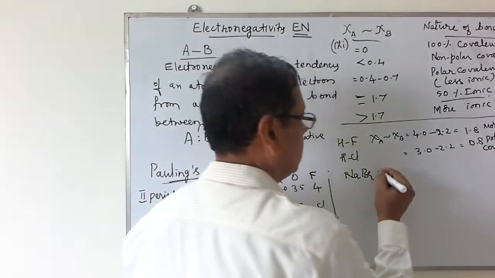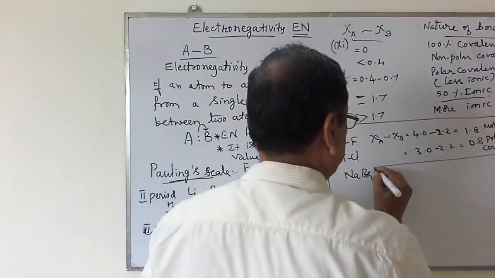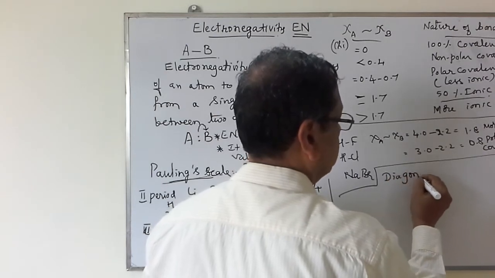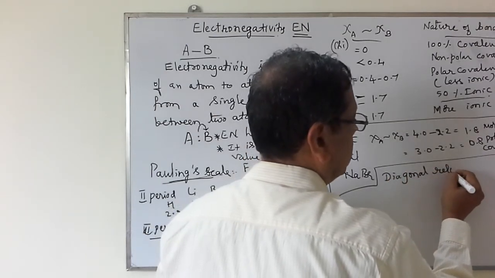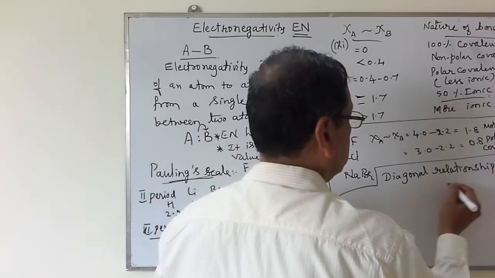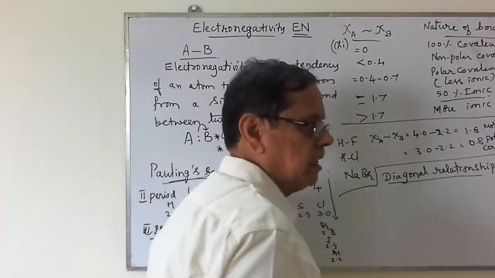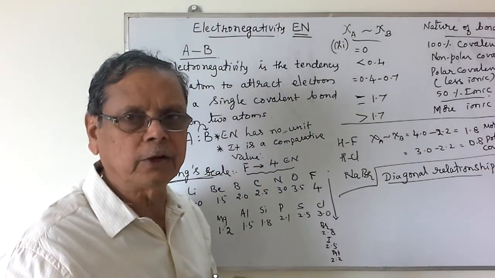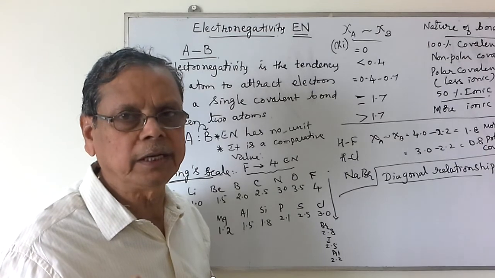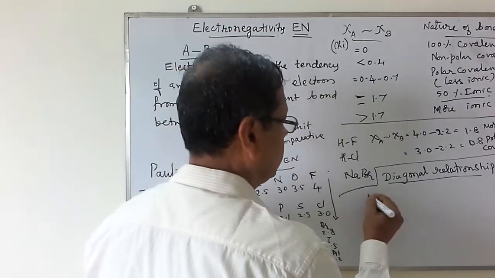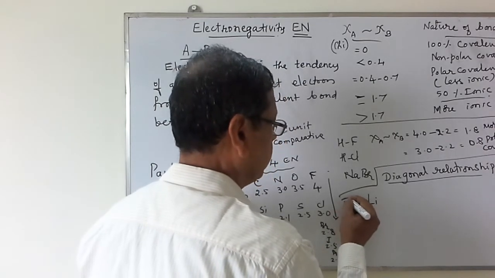There is one more small topic, that is the diagonal relationship. This diagonal relationship is explained by considering various physical properties like atomic radius, electronegativity, ionization energy, etc. Now consider lithium in the second period.